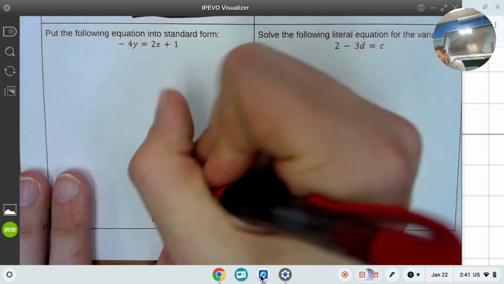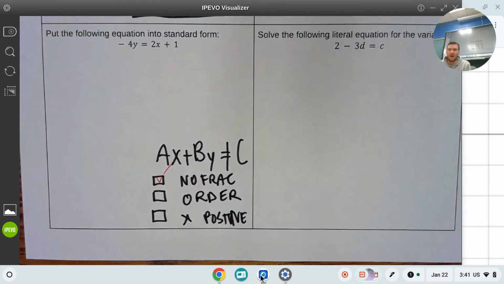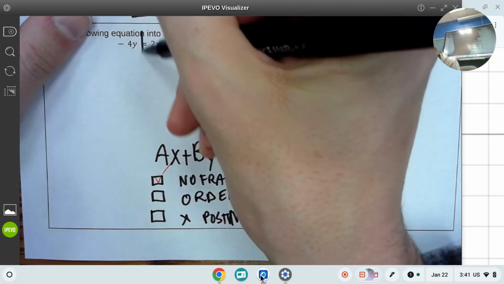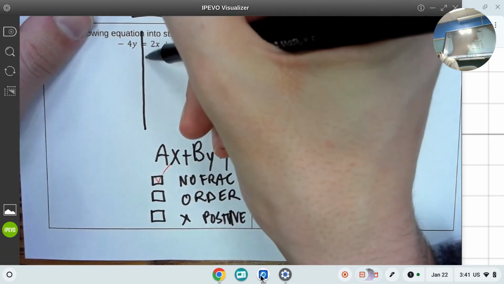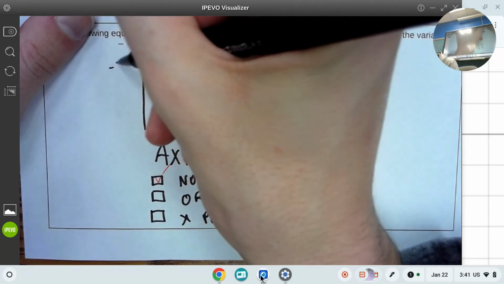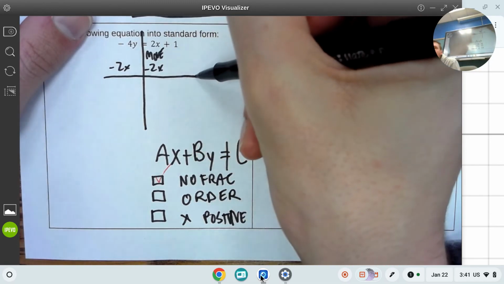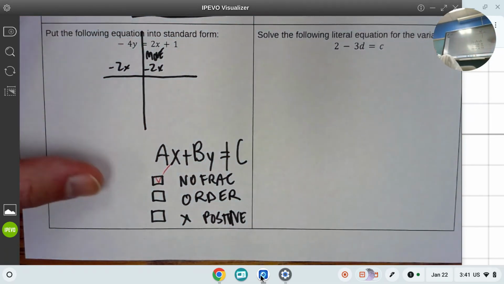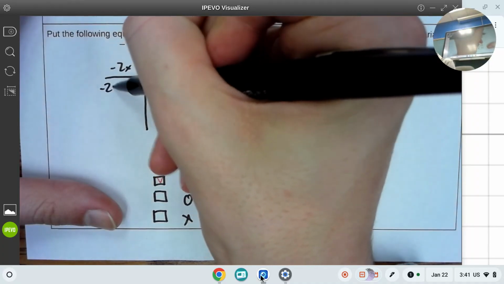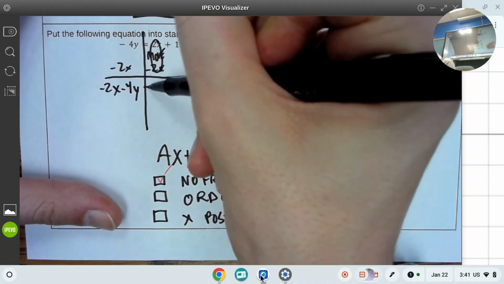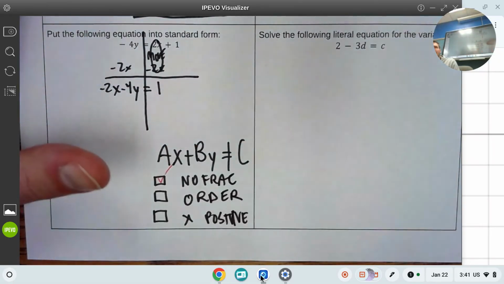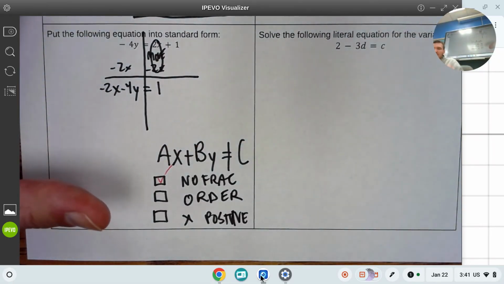Check. Issue number 2, the order. Are we in the perfect order or are we out of order? Right, we're out of order. What needs to move? The X. We need to move this X. Minus 2X, minus 2X. Negative 2X minus 4Y equals 1. I just put the X in the first position, and then we have to change it so the X is positive.